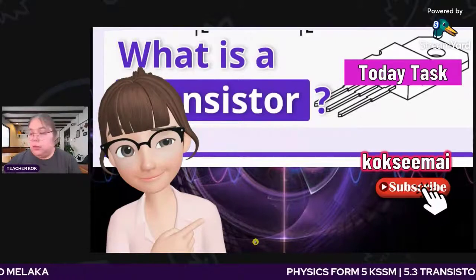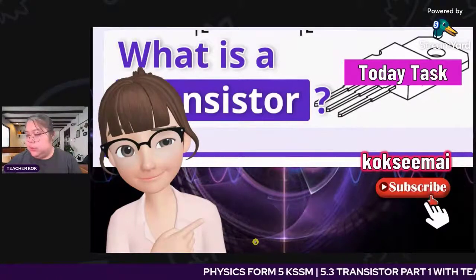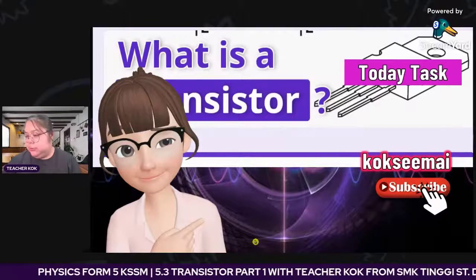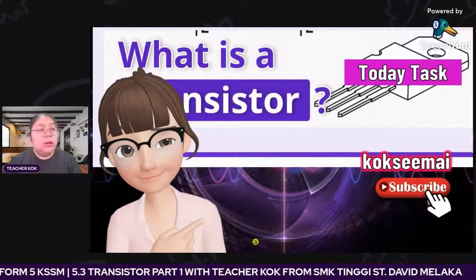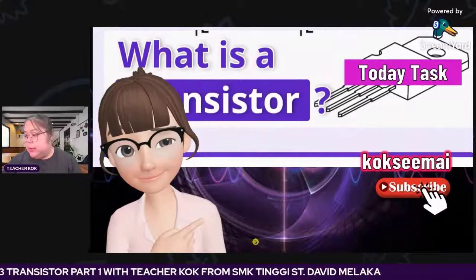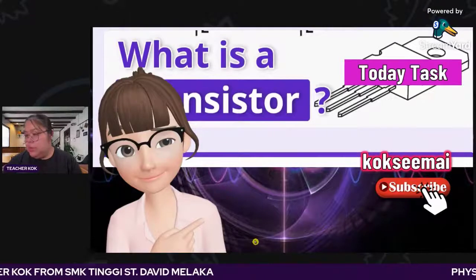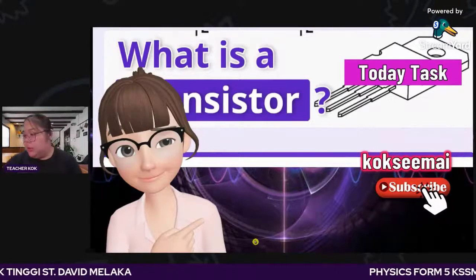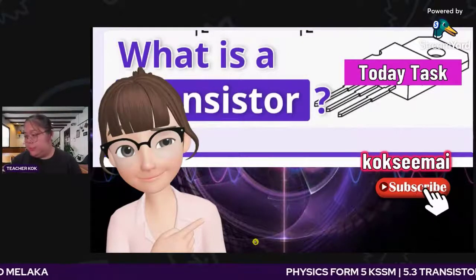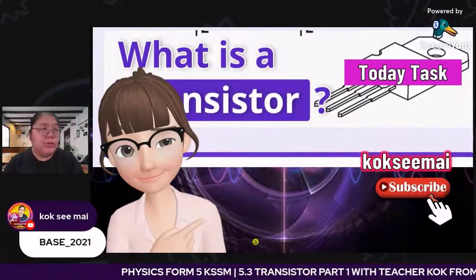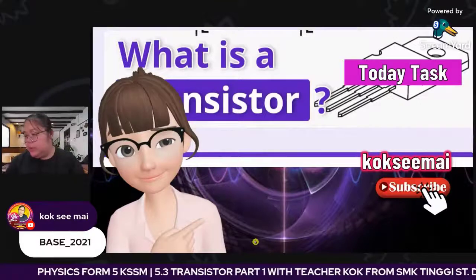Capital letters, all using capital letters. BASE, then underscore, then the number 2021. So I will share it. This is today's lesson code. Yeah, correct. Jaya and Mei-Ling are also correct.